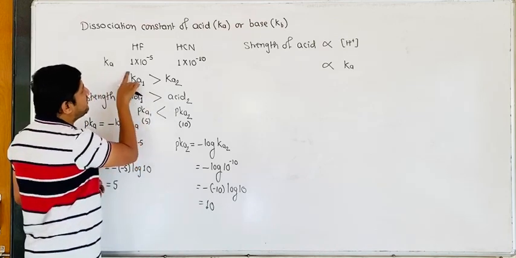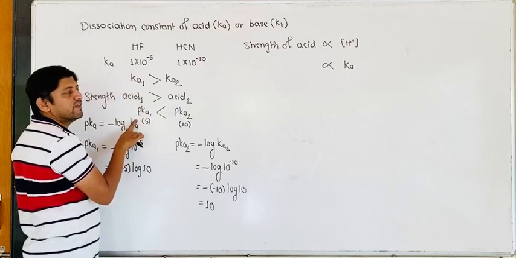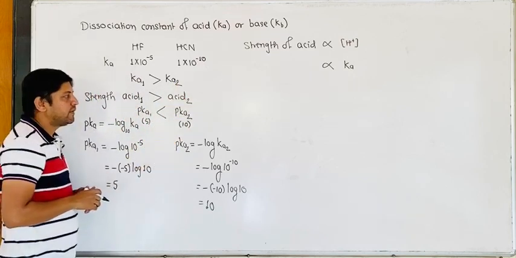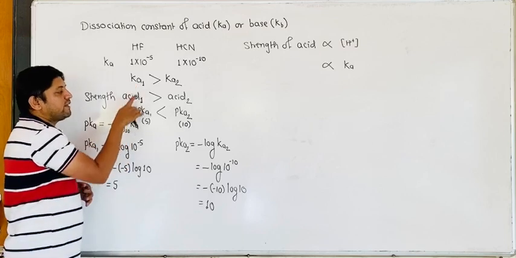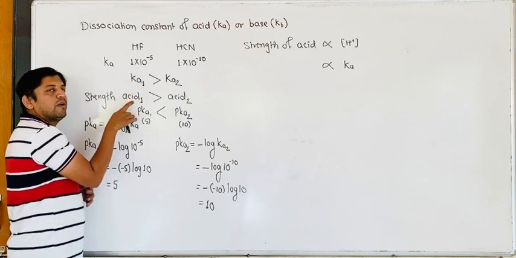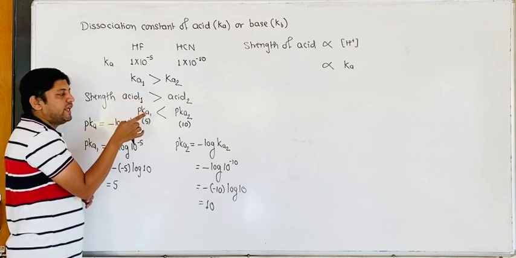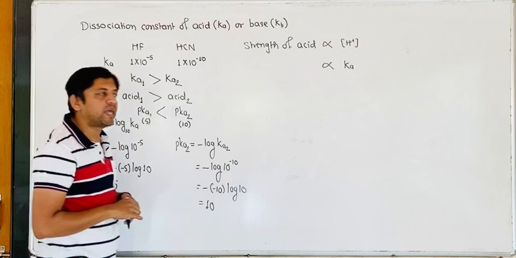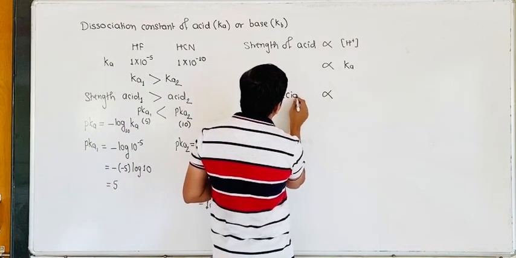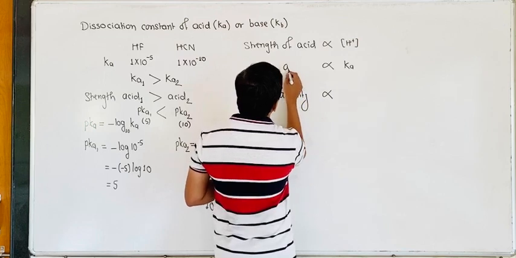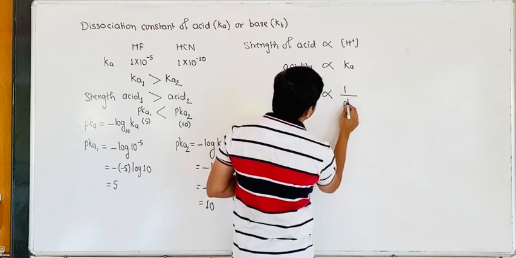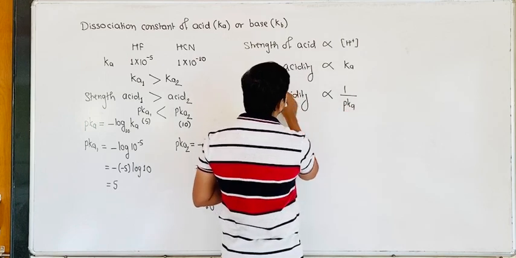With increase in Ka, pK decreases, or with decrease in Ka, pK value increases. Increase in K represents more acidity, so acidity is inversely proportional to pKa values.